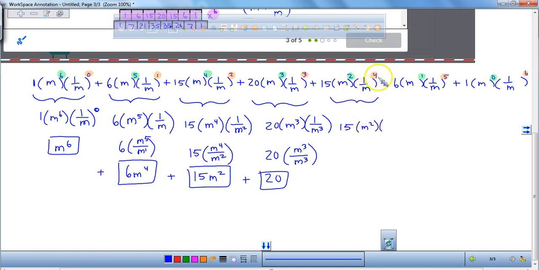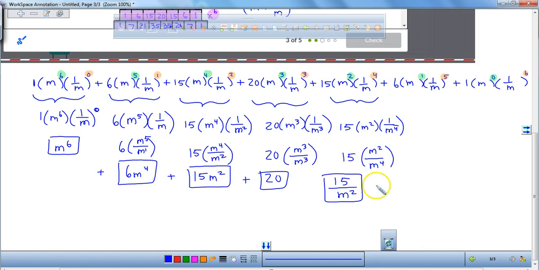And 1 over m to the power of 4 is 1 over m to the power of 4. So all I'm doing is simplifying. So I got m squared over m to the power of 4. Now 2 minus 4 is a negative 2, but we're actually going to leave it like this. Watch, we're going to leave it as 15 over m squared. That's what I'm going to write into the Khan Academy.